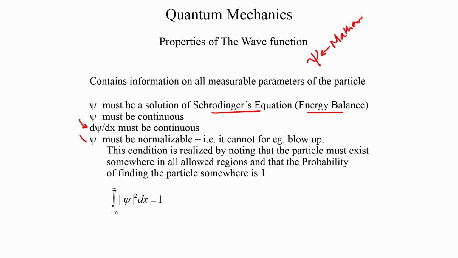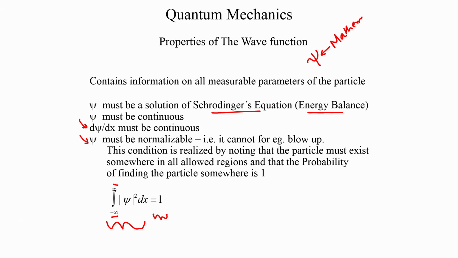And the final condition states that the wave function must be normalizable, okay, and what that essentially means is two things. The first is, since the wave particle does exist at some point in space, say between minus infinity and infinity, and since this is the probability of finding that wave particle in this space, that probability must be equal to 1, okay.